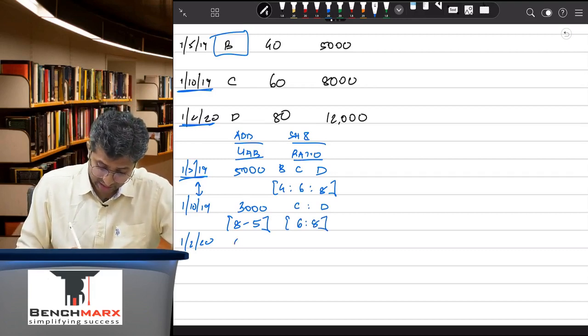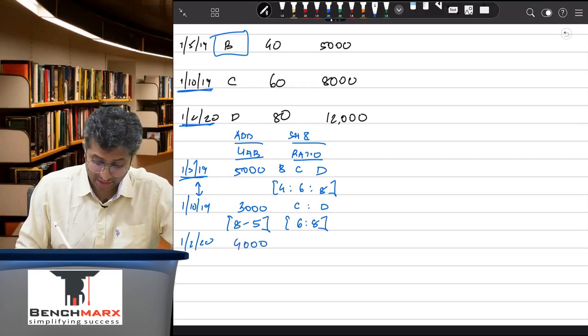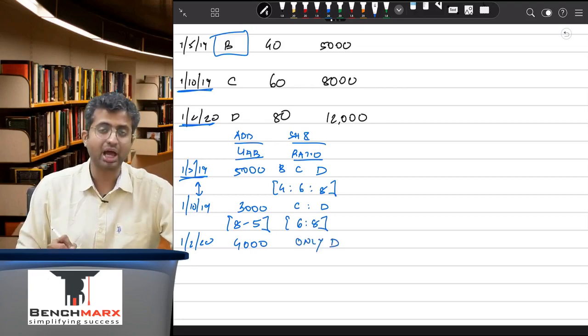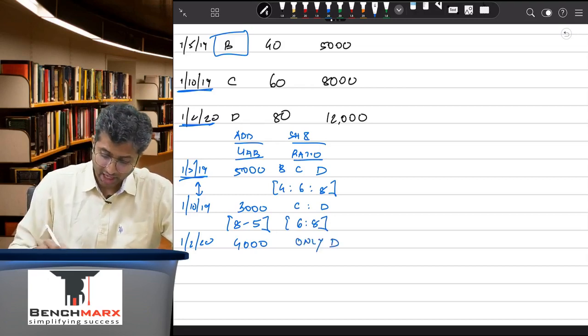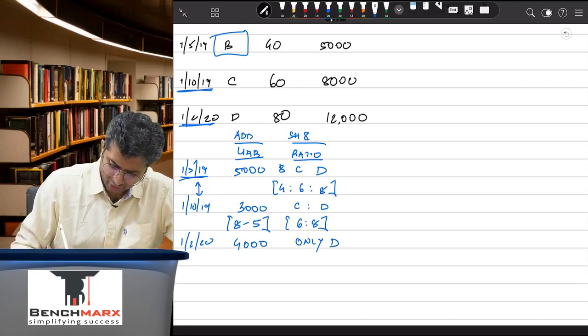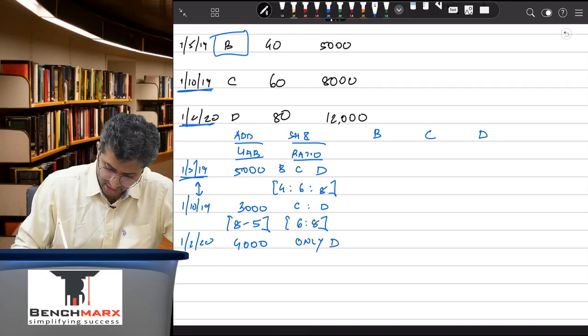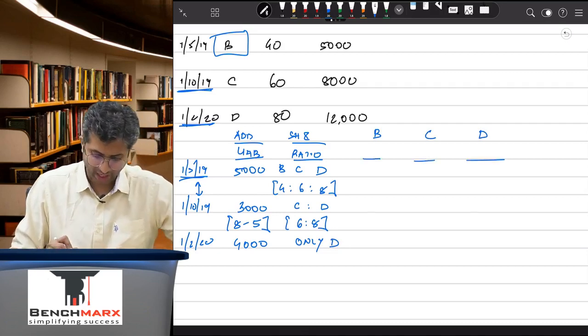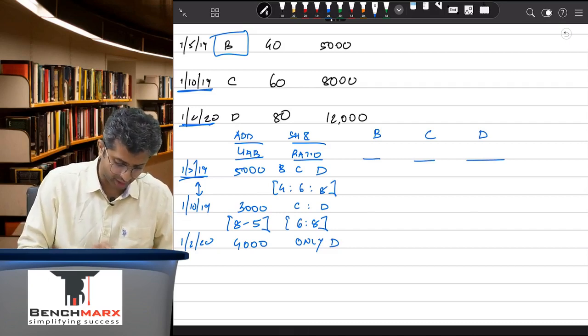And lastly, the last set of liability, which is 4,000, arises when only D was a shareholder in the last 3 or 4 months. And as a result, if I were to share the loss between B, C and D, the loss over here will be in the ratio of their shares. So as a result, this 5,000 will be shared.